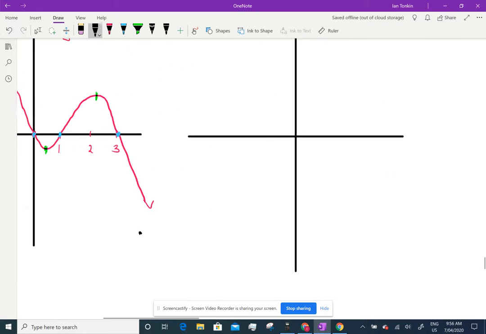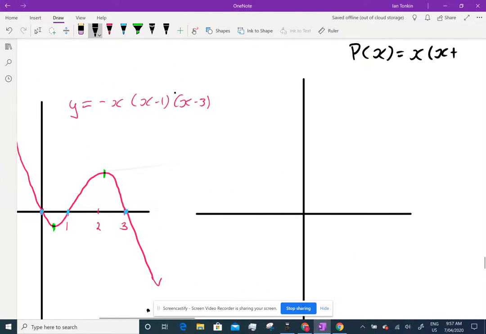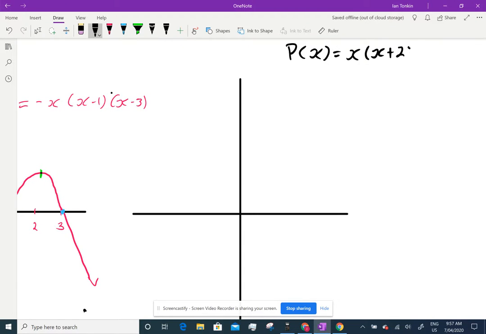P of X equals x plus 2 squared. This is where you've got to be really smart.